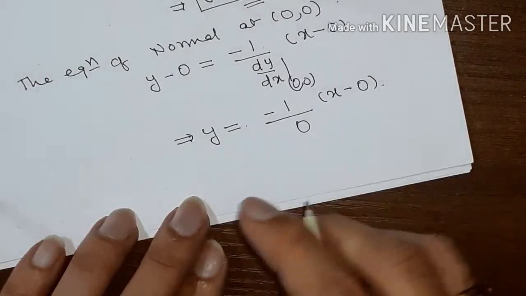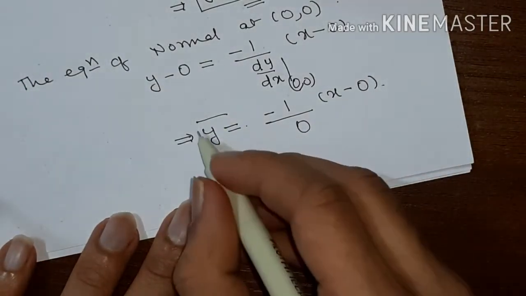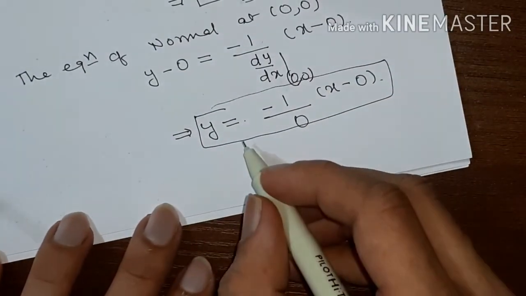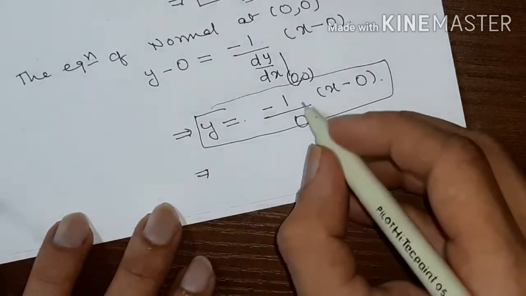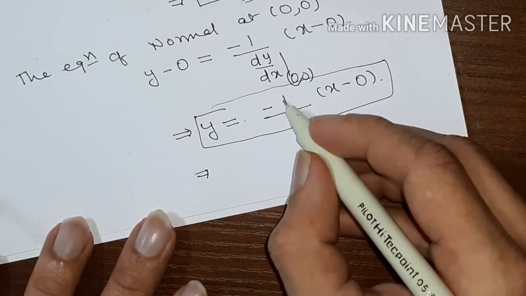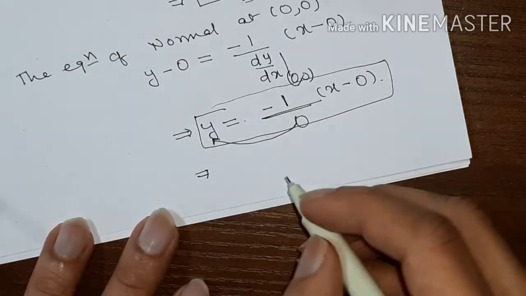Okay, so now to find the equation of the normal here, right, from this you have to do a different step. What you have to do, instead of writing 1 by 0 as infinity, you will take 0 on this side.